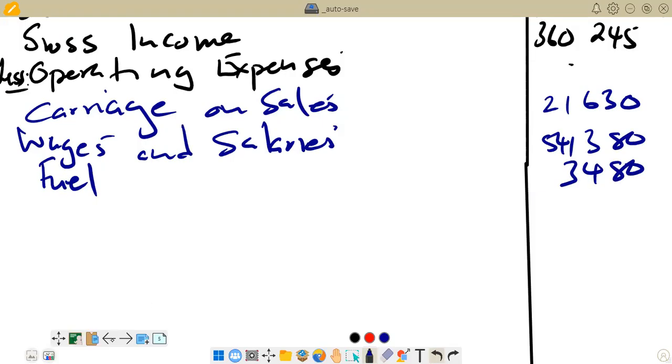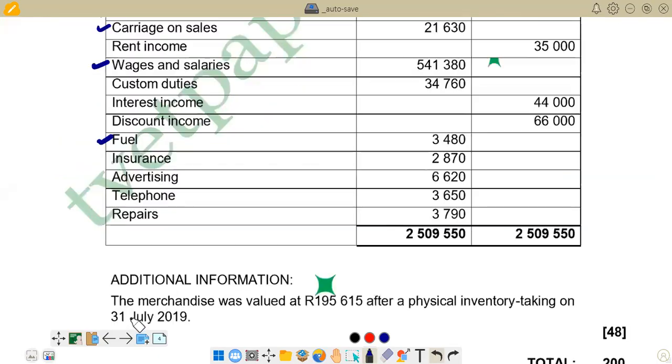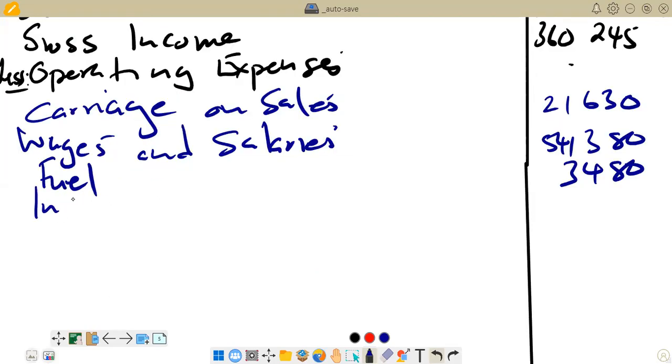And we can go and check other operating expenses that we have in the question. So after fuel, we've got insurance here, and also we've got advertising here. Insurance 2,870, and advertising 6,620. So we can go and include them. We are now having insurance.